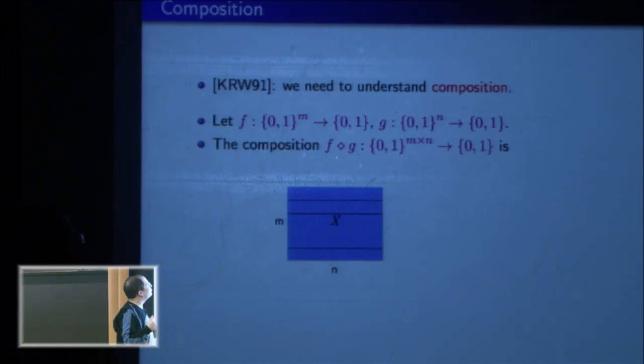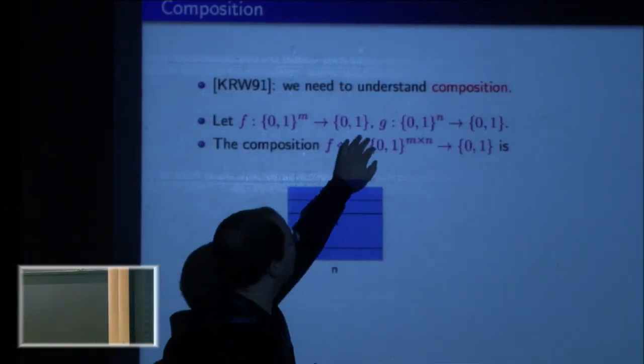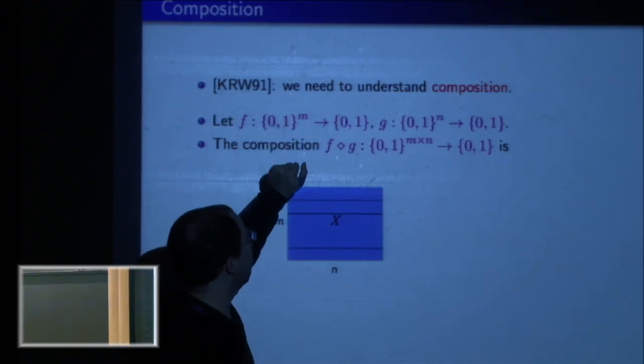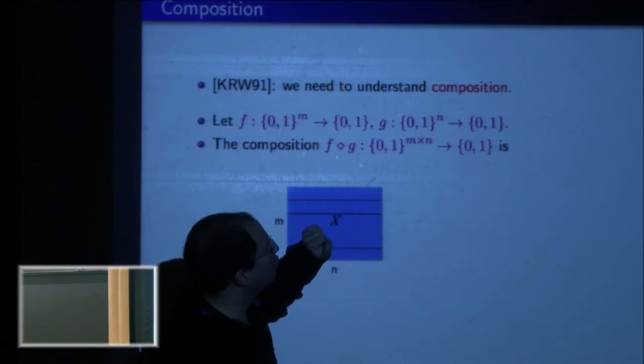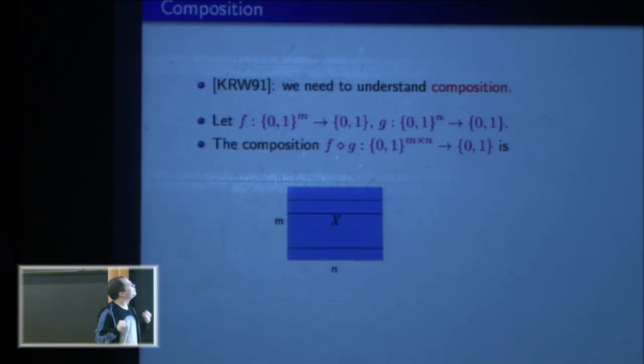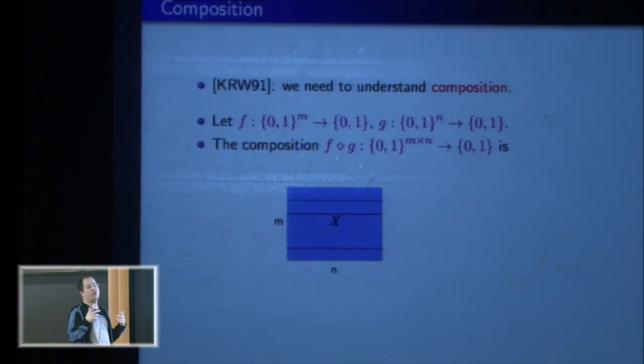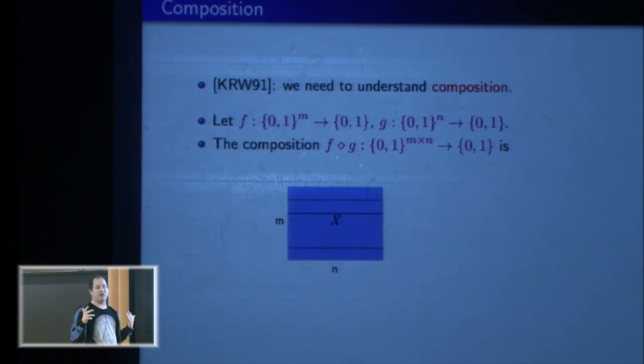We have two functions, f and g, and f takes m bits and maps them to 1 bit. g takes n bits and maps them to 1 bit. And since they both output 1 bit, the standard notion of composition doesn't apply, but we can define composition in a very natural, different way.